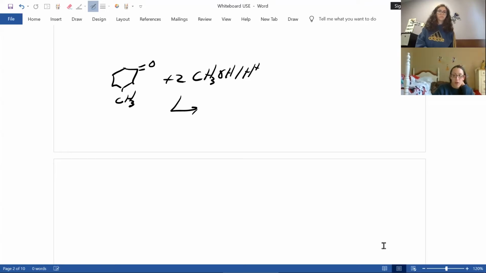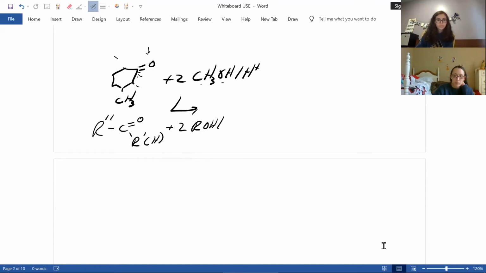It could have been an aldehyde, but it's a ketone. And it's a ring, a cycloketone. Dr. White and Mother Nature really love cycloketones. What do we have here? Carbon with the hydroxyl group. Two of them, it's an alcohol. And then H plus acid catalyst.